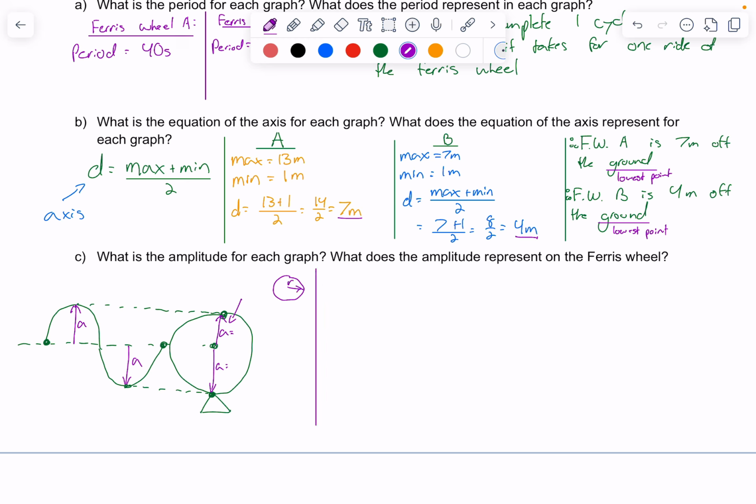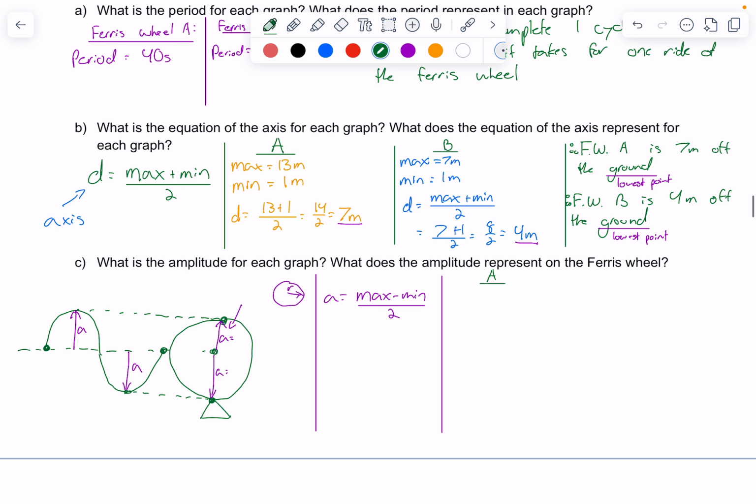So if we were to calculate our amplitude for these problems, we're going to use our formula, A equals max minus min over 2. So if we apply that formula to Ferris wheel A, what we are going to be finding is the radius of the Ferris wheel.